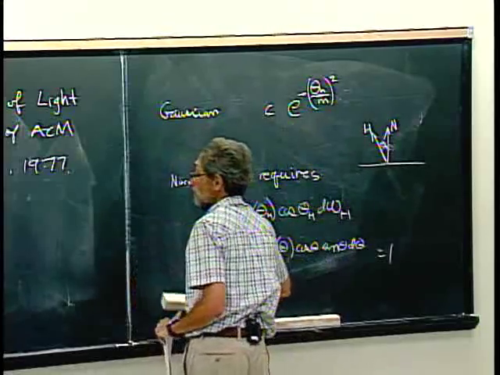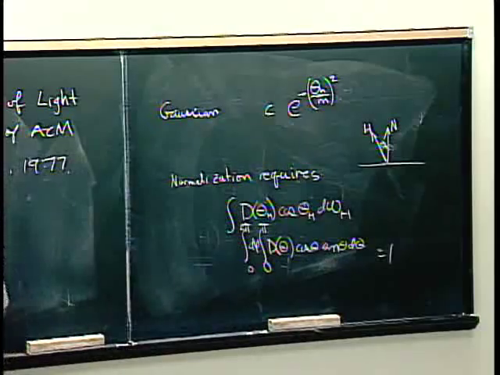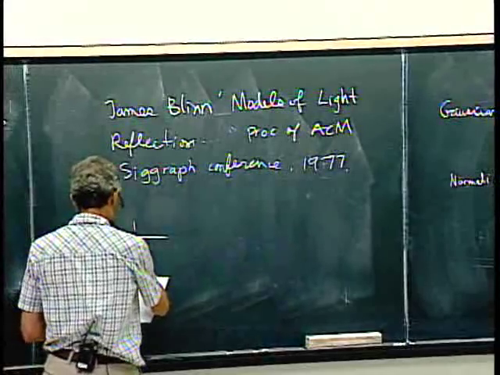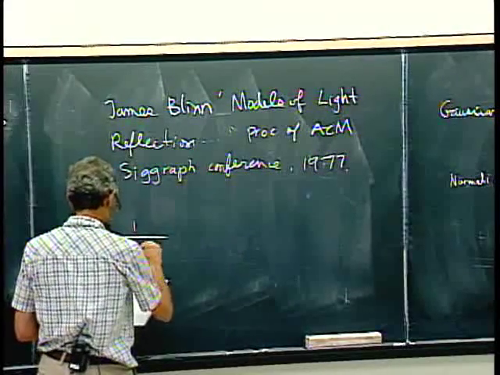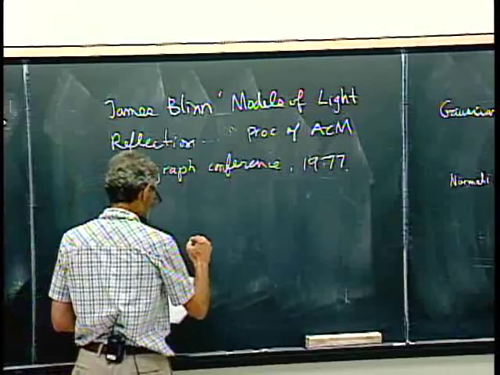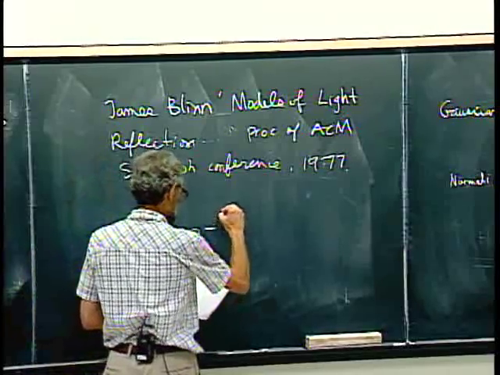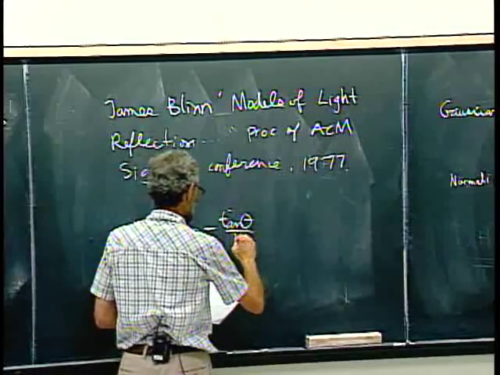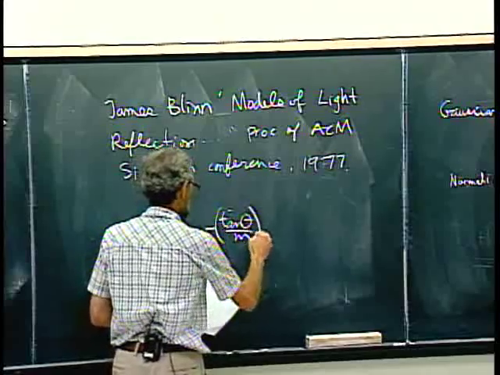And there was one other distribution that I'll write on the board really quick, where you don't have to worry about those complicated integrals, because it works out analytically: m squared cosine to the fourth theta e to the minus tangent theta over m squared.